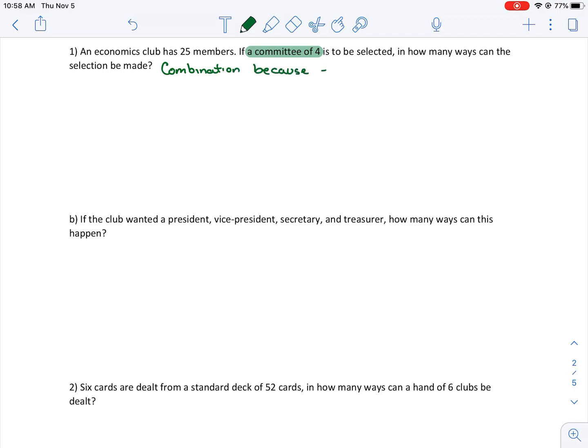because each arrangement of the 4 committee members is the same committee.